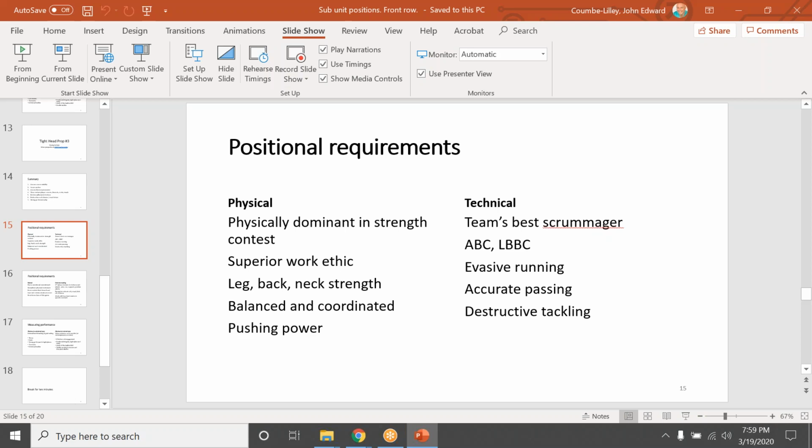If you watch the scrum carefully, you'll notice that the ankles, knees and hips are basically at 90 degrees or thereabouts for a driving position, just as you'd be pushing a prowler or driving a sled with your shoulders. So this is the position that the tight head is in, supported by the 5 and 6.